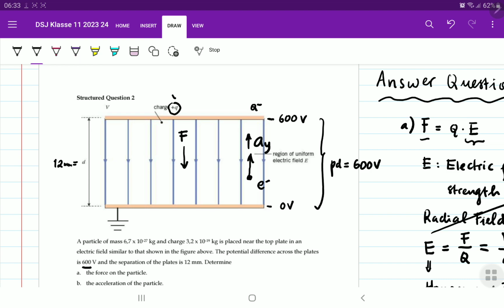Now, since our charge in this question is positive q, the force and the acceleration are pointing down, in the y minus direction.